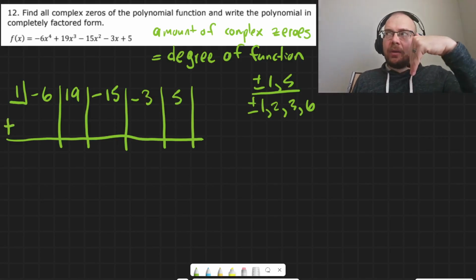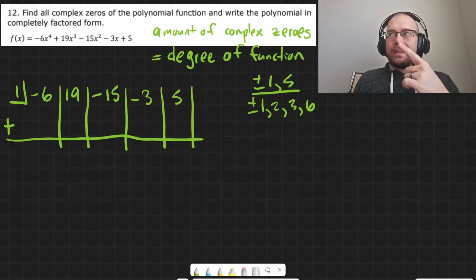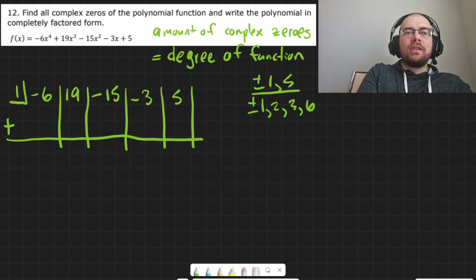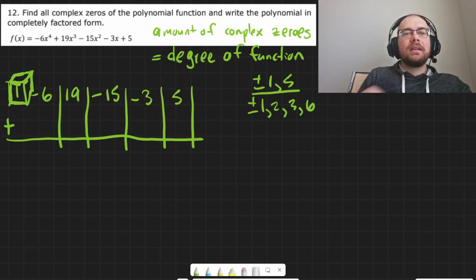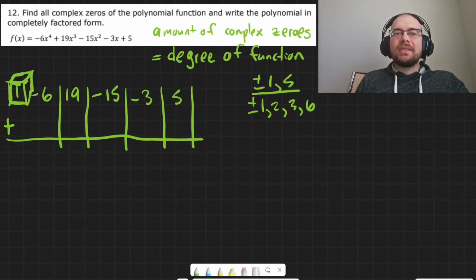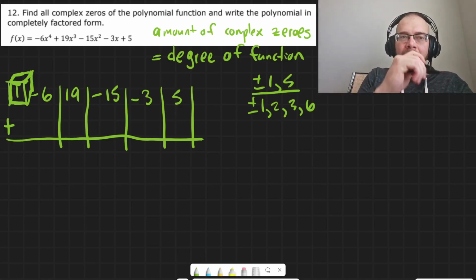So I add going down, and then going diagonally, I'm going to multiply by the number in that little box. And you always see them write it like this. I've never seen them write it a different way, but if you wanted to, you could write it a different way. I mean, you could put it in an actual little box. I usually call it a box. Other people call it a box too, but nobody ever actually puts it in a box. It doesn't matter how you draw it, right? It just matters that you know what that number is in that little box area.